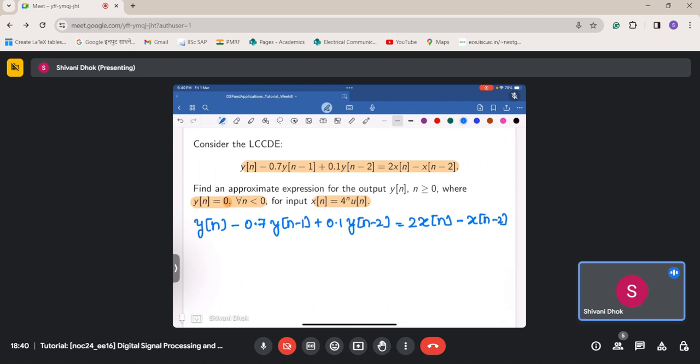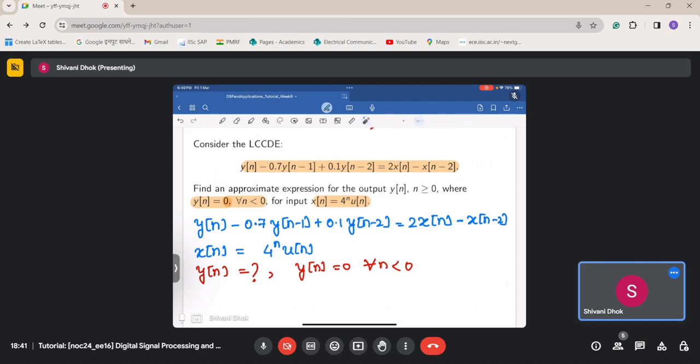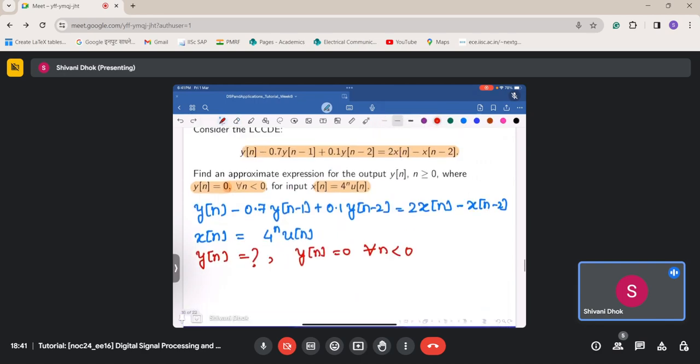And we have x of n equal to 4 to the power n u of n, and we need to find the approximate expression of y of n. The thing that we know about y of n is that y of n is equal to 0 for all values of n less than 0. This is a standard notation for all values. So this we will solve step by step.